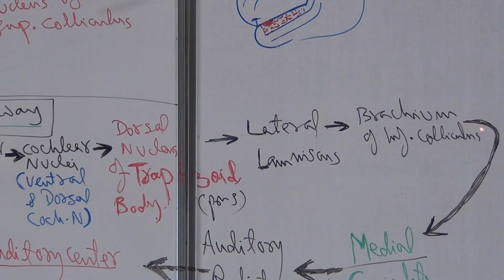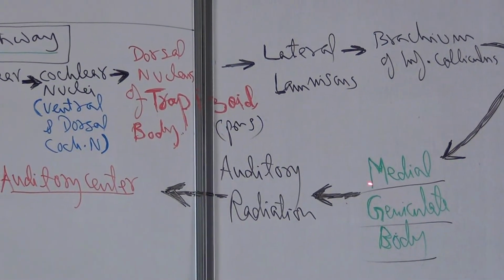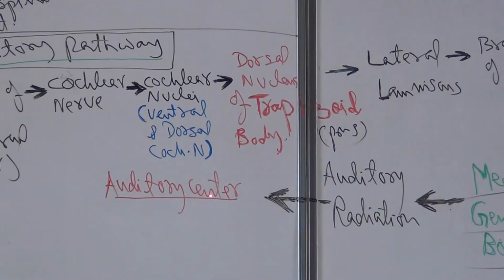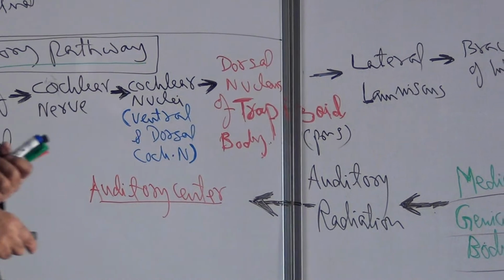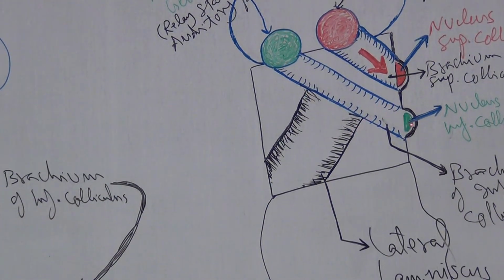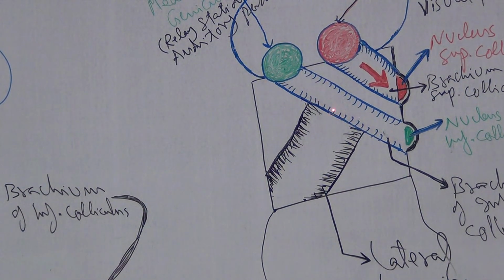From the brachium of the inferior colliculus, these fibers relay in the medial geniculate body, and from the medial geniculate body, auditory radiation arises, which terminates in the auditory center. So here you can see the lateral lemniscus, the nucleus of the inferior colliculus, the brachium of the inferior colliculus, and the medial geniculate body.